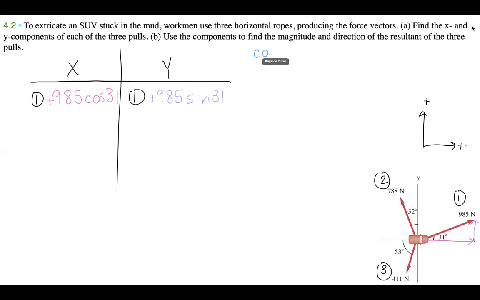Cos is close, sine is the other line. Okay, cos is close, meaning that the line that is close, that's attached to the vector, that's cos, okay? Cos is not always going to be x. The line that's closest to the vector, that's cos.